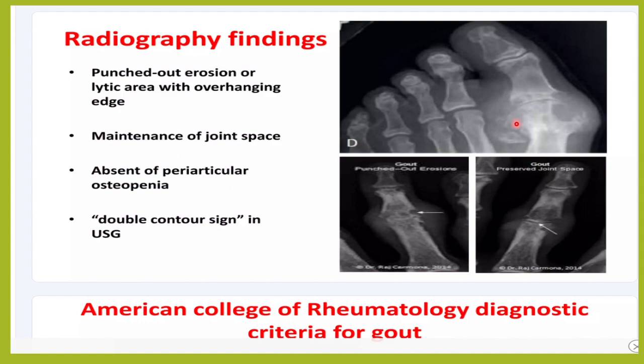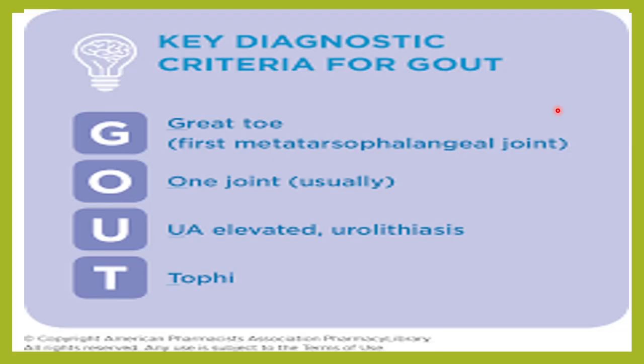Radiography, the X-ray, also shows certain changes, like punched out erosion of the lytic area. The joint space is maintained in gout. Whenever you have to diagnose gout, the things which point towards the diagnosis are involvement of the first metatarsophalangeal joint, which is monoarticular, that is, only one joint is usually involved, not multiple joints.